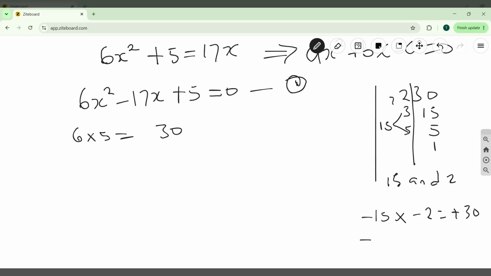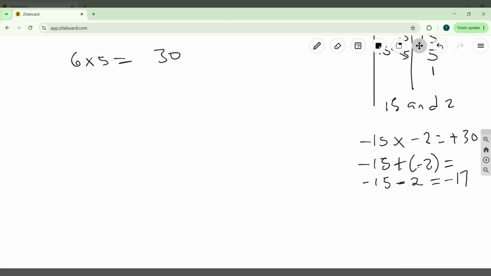Now when we sum negative 15 plus negative 2, positive times negative will give us negative, so negative 15, negative 2 is negative 17. So therefore, those two numbers are negative 15 and negative 2.